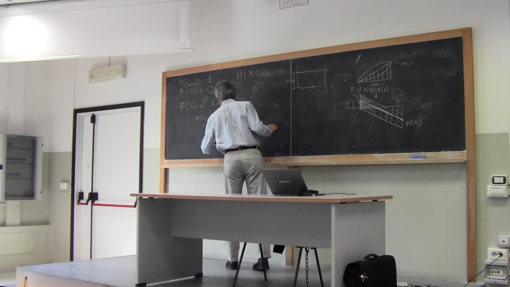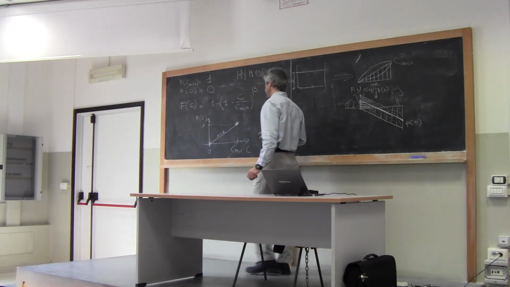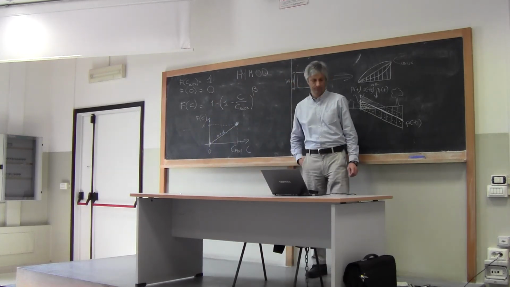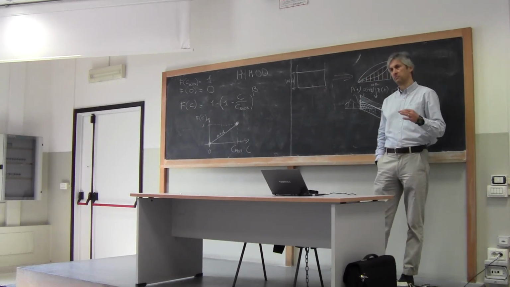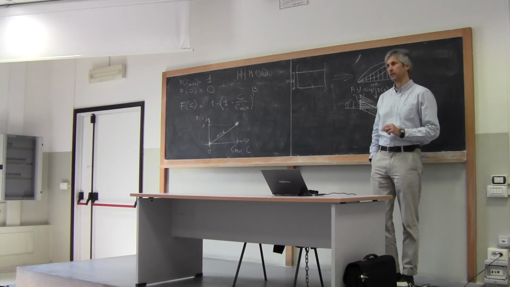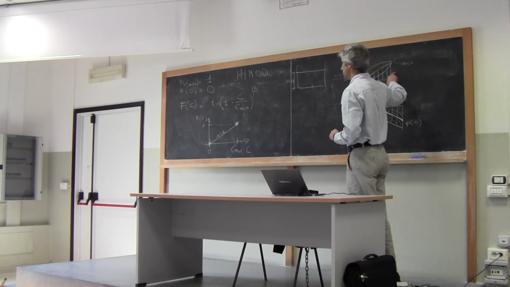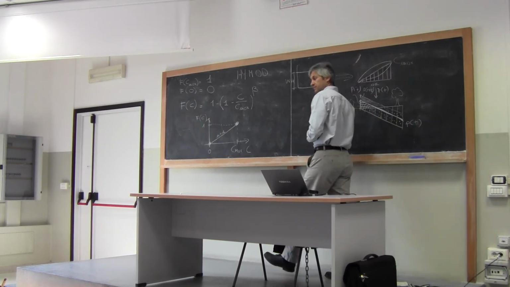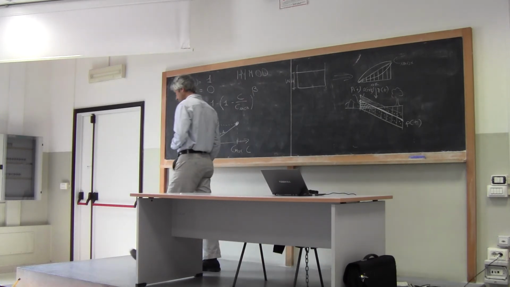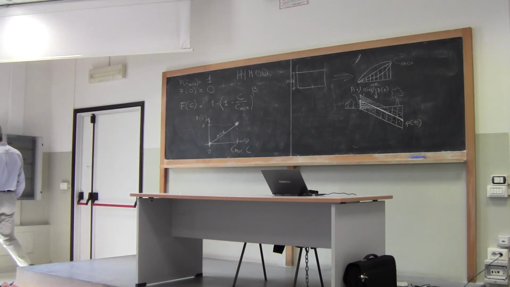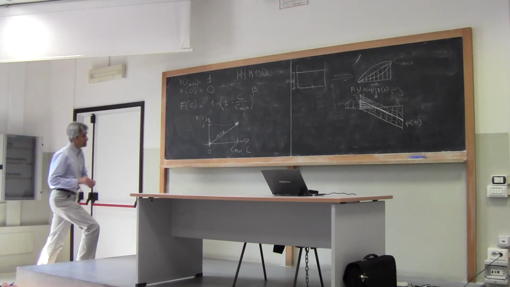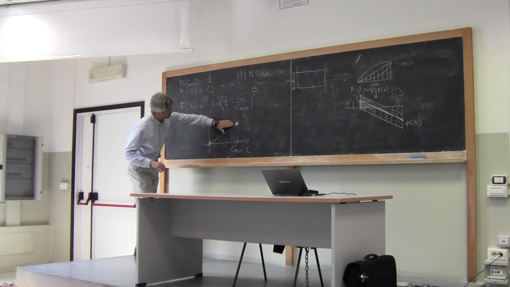This is beta equal to 1. So you see that as a special case, I go back to this triangle here. Yeah, it's not really straight, this line, sorry.